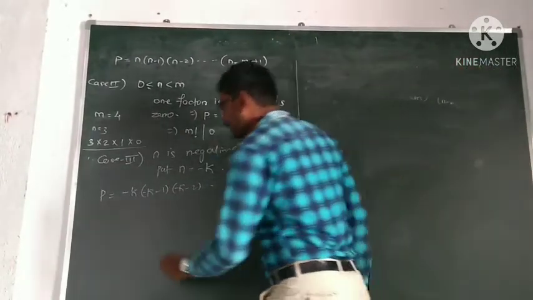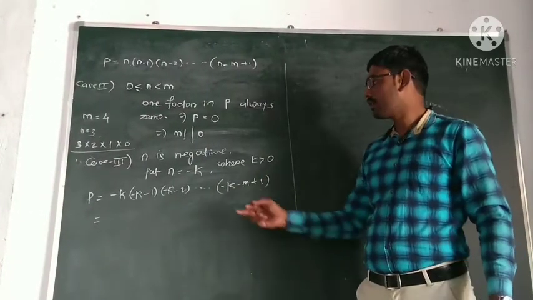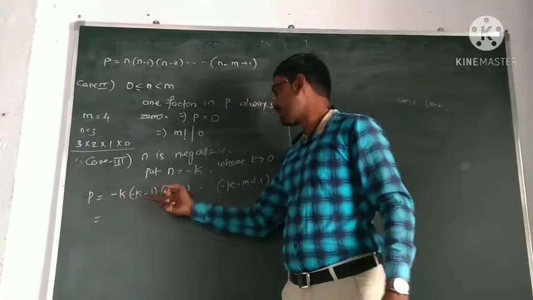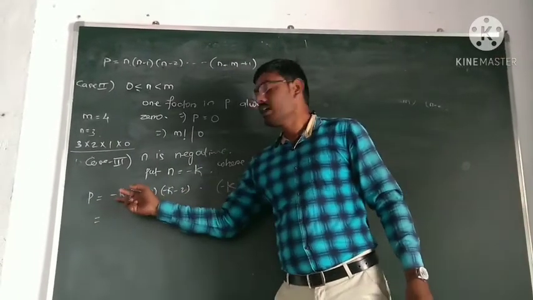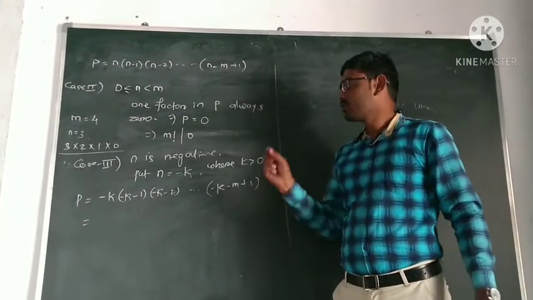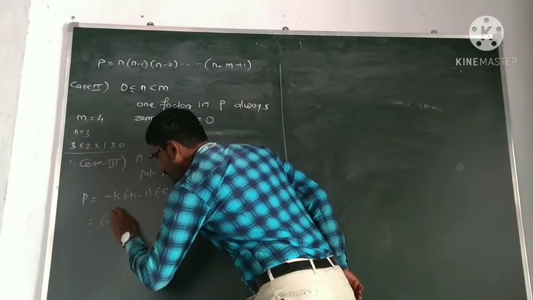But this is equal to, take minus common from each term. These are the m terms, because this is the product of m consecutive integers. So minus 1 taken common m times, so this is equal to minus 1 raised to power m.